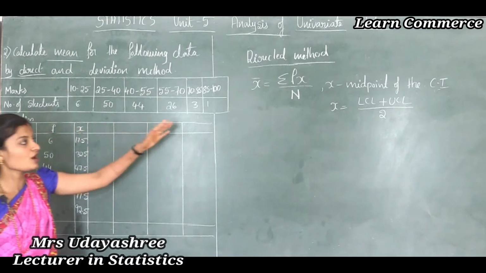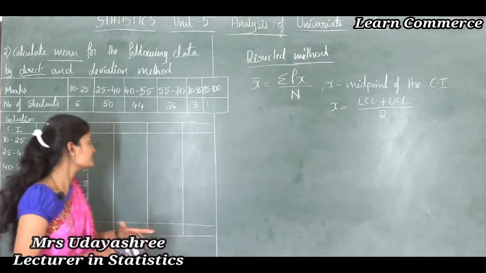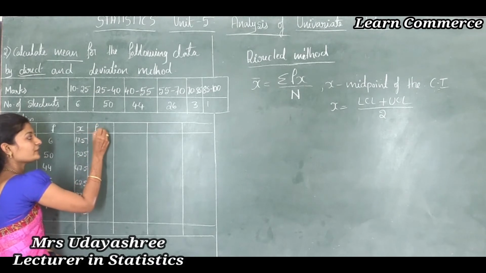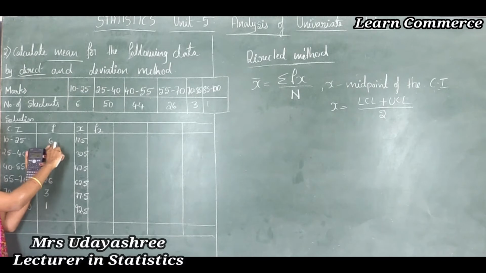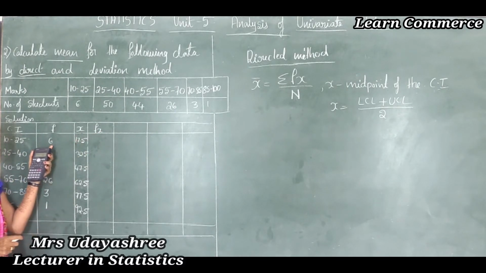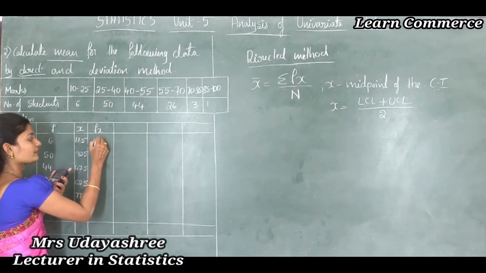Based on the formula we need to find the sum of f into x divided by N. These are the f observations, these are the x observations. Next we need to do f into x. The first class frequency is 6 and x is 17.5. So 6 into 17.5 is 105.